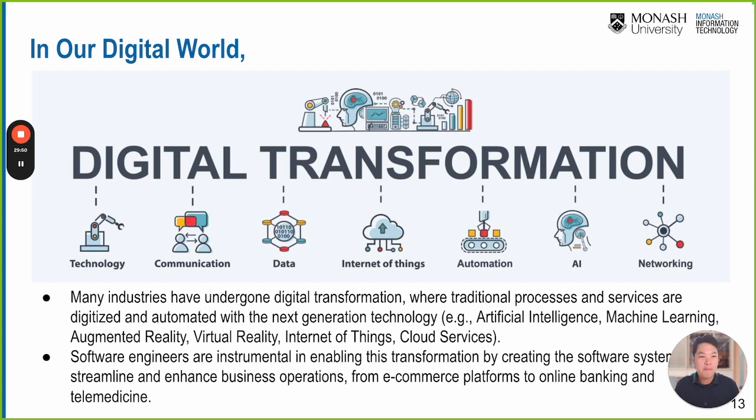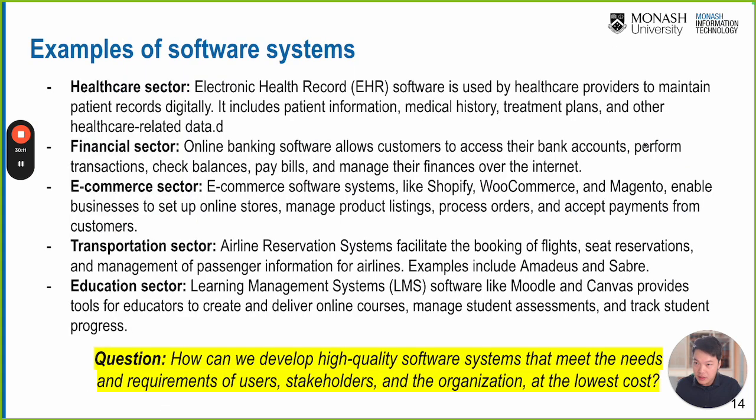Think about the banking system. In the past, we used a human or staff at the branch. But nowadays, everything becomes an online banking account. We use the mobile phone. So software engineering plays an even more important role nowadays.